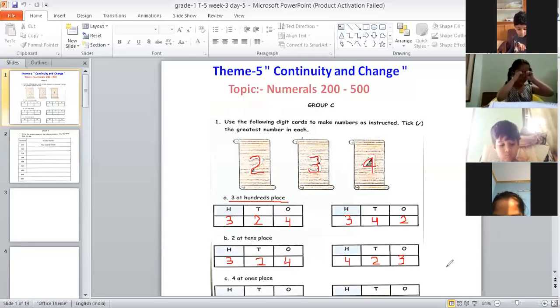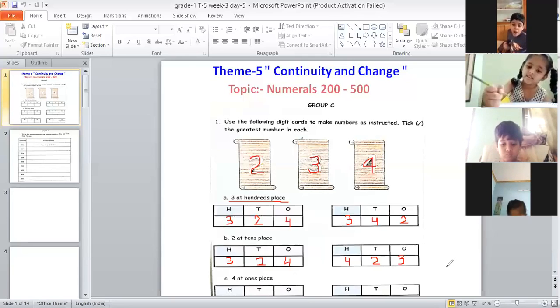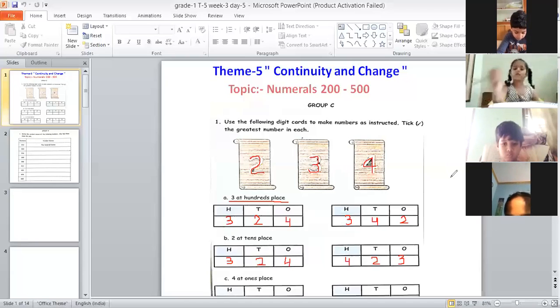Fine. Now, like in the first bit, we got two numbers. Bhavashrit, please unmute yourself and tell me, what are the 2 numbers which we got in the first bit?